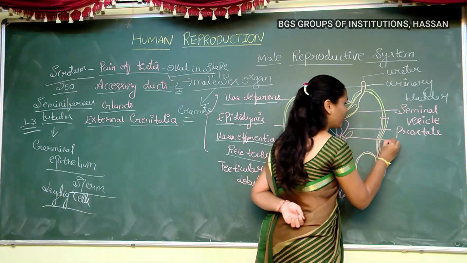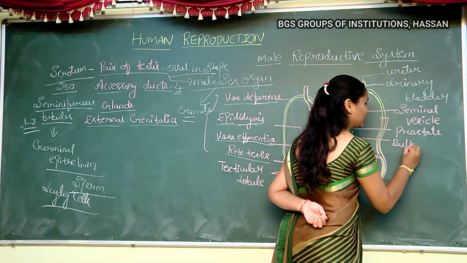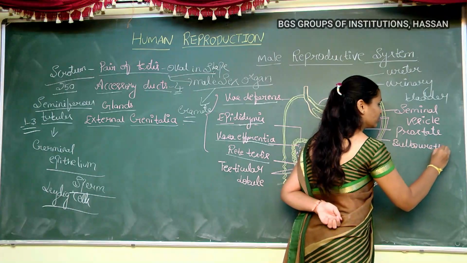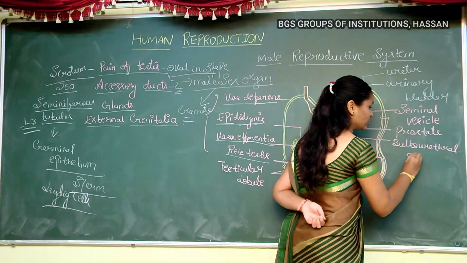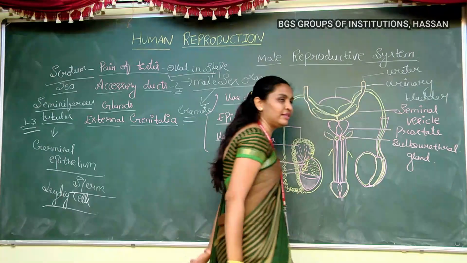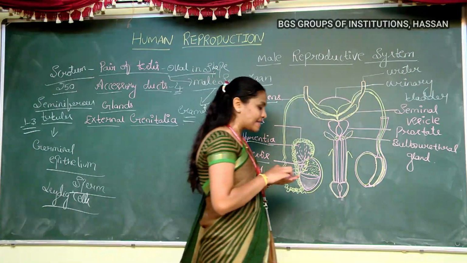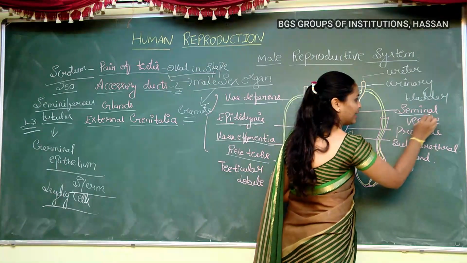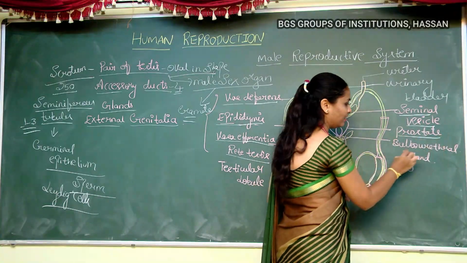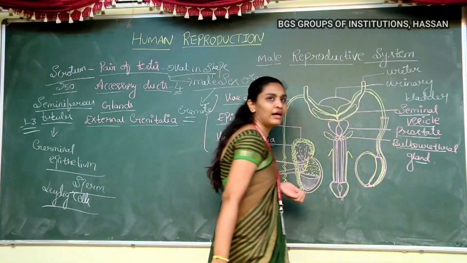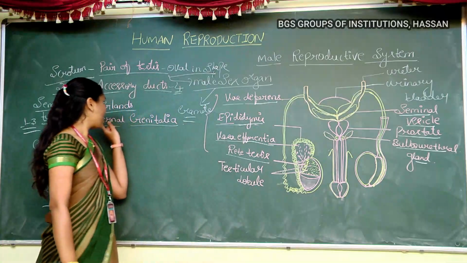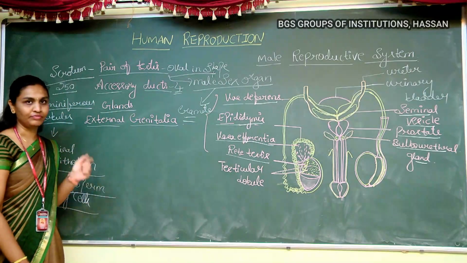And the third one was bulbourethral gland. These are 3 accessory glands: seminal vesicle, prostate gland and bulbourethral gland.